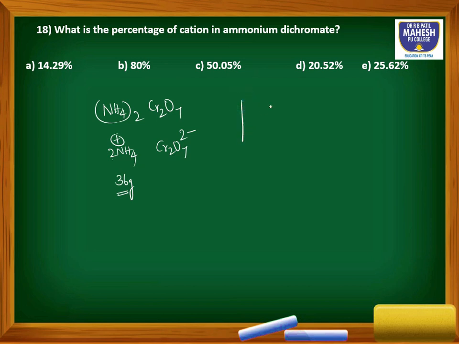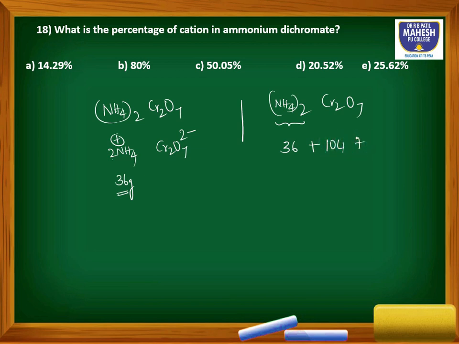To find out the percentage, what should we know? We should know the molar mass. So for ammonium dichromate, the ammonium part we already calculated as 36. Chromium atomic mass is 52. 2 are there, so 52 into 2 is 104.